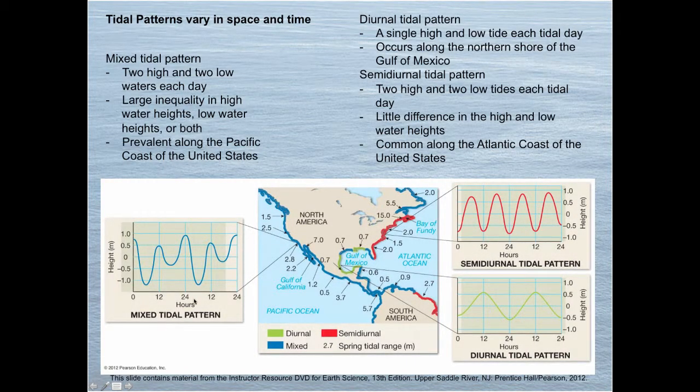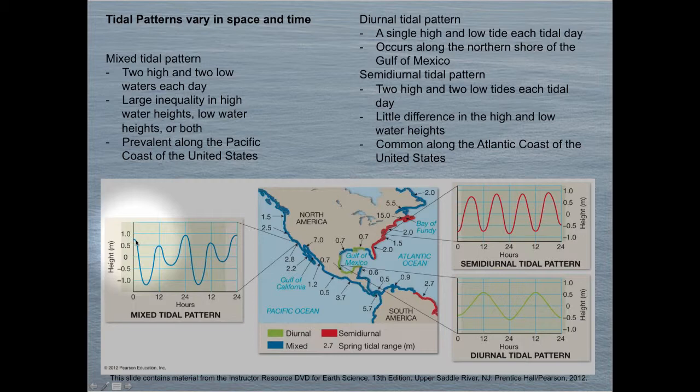Now the third tidal pattern, which is actually the most common pattern, is what's called a mixed tide pattern. There are 2 highs and 2 lows each 24-hour period, but there's a large difference in the height of the highs and a large difference in the height of the lows. So in this example we have a high tide number 1, low tide number 1.